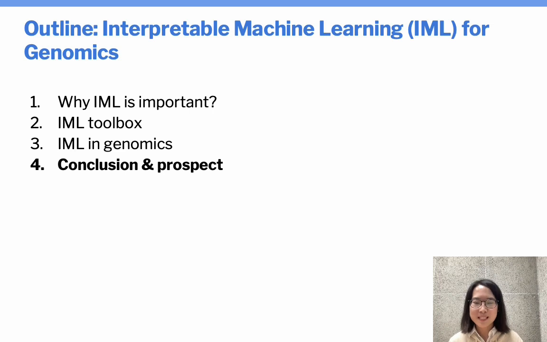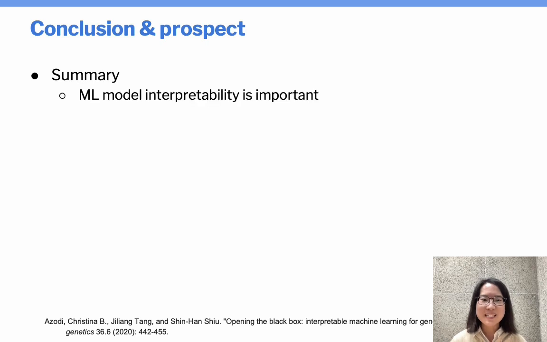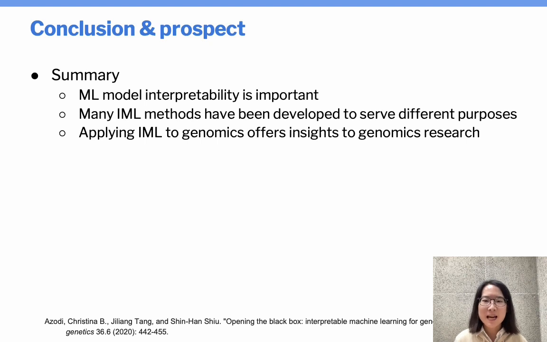To conclude this presentation, I would like to offer some future prospects. To summarize, we have seen that machine learning model interpretability is important, and many IML methods have been developed to serve different purposes. Also, applying IML to genomics can offer us new insights.